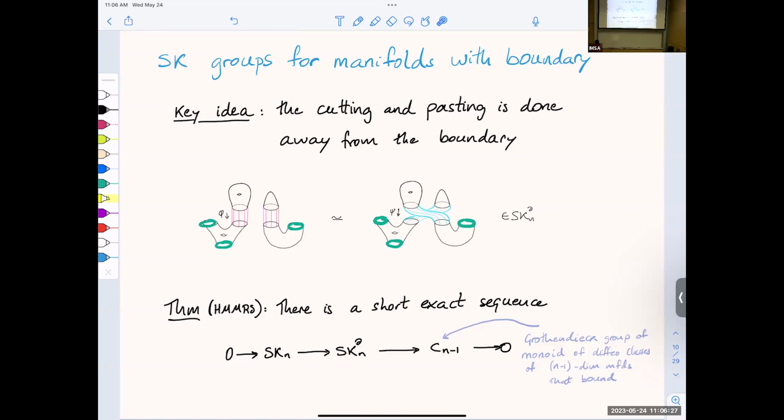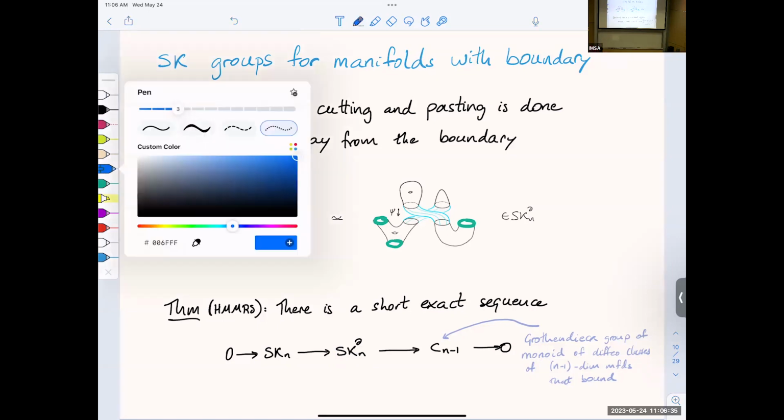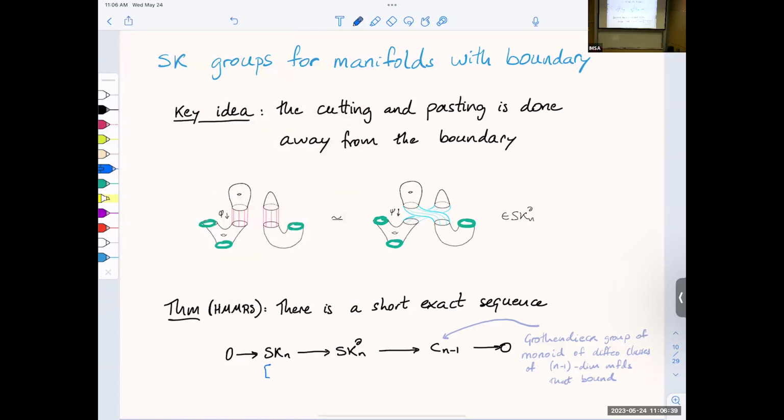As you would expect, if you have any class of closed manifolds, it's going to be sent to its own class in manifolds with boundary. It just happens to be a manifold with boundary where the boundary is empty. That's allowed.